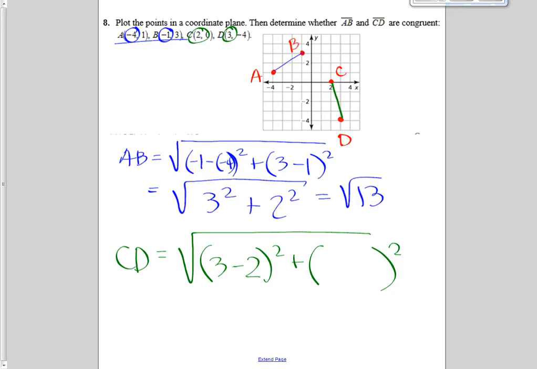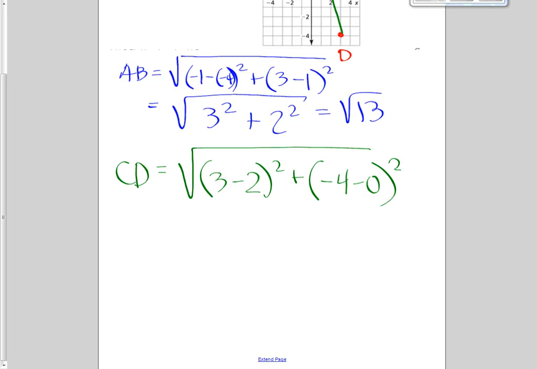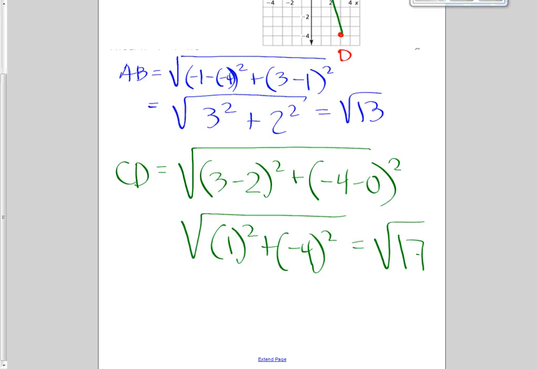And then -4 minus 0. So I got 1 squared plus a -4 squared. Of course, when you square -4 it has to be a positive 16. So if I put those together, I get radical 17.